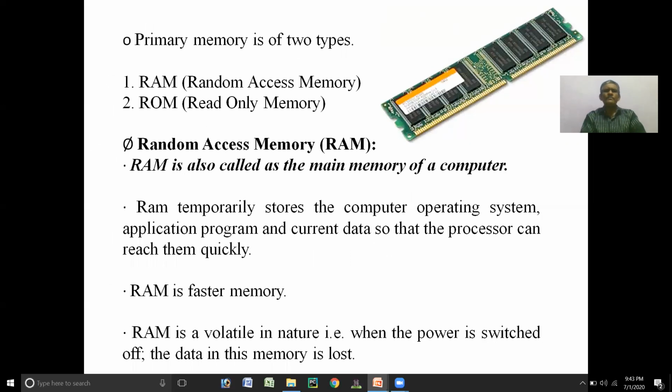Now, again, these primary memories are broadly classified into two types. Number one is called RAM and the second one is called ROM.